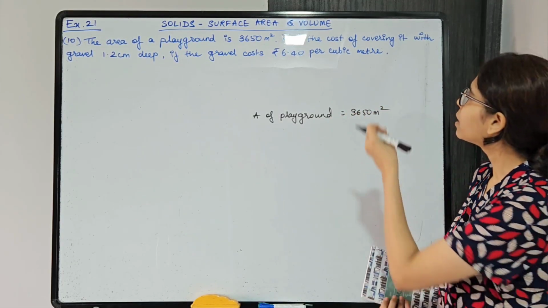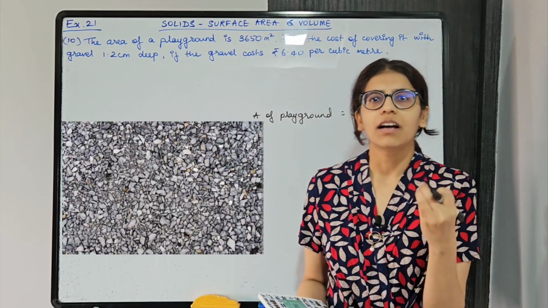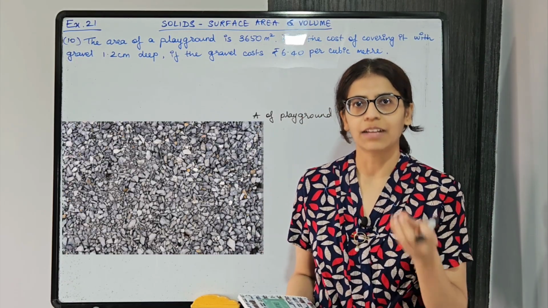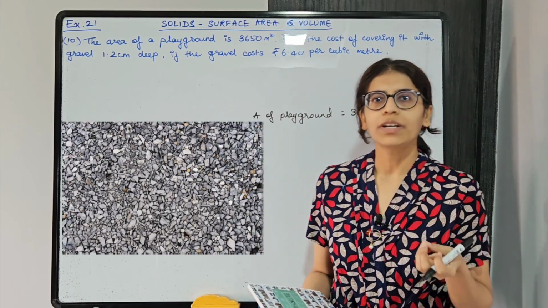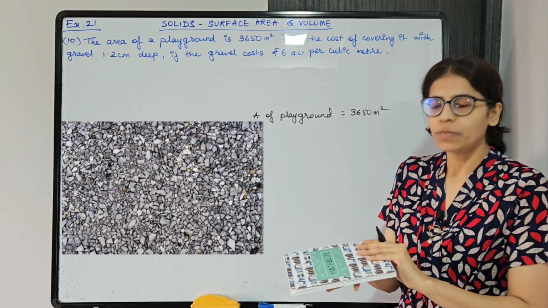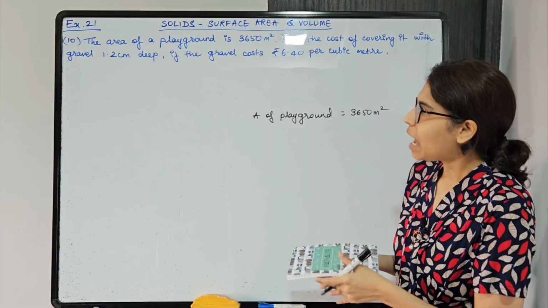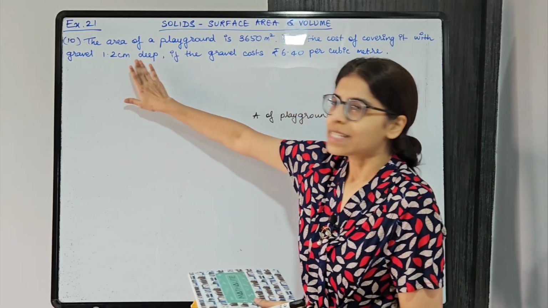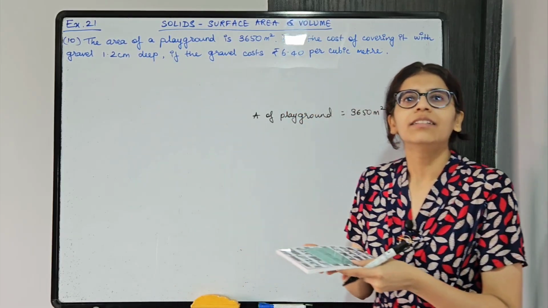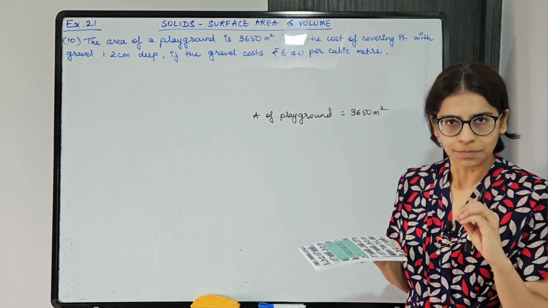We need to cover it with gravel. Gravel is small stones. So the playground is to be covered with small stones. The gravel is covered 1.2 centimeter deep. That is the height of the gravel.